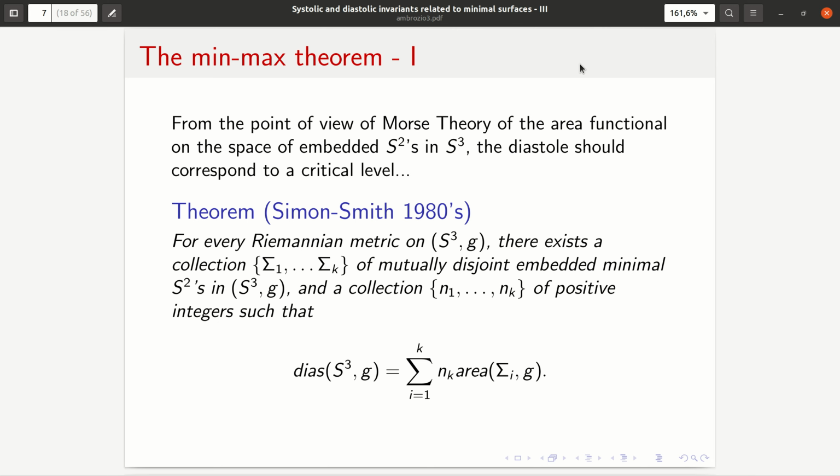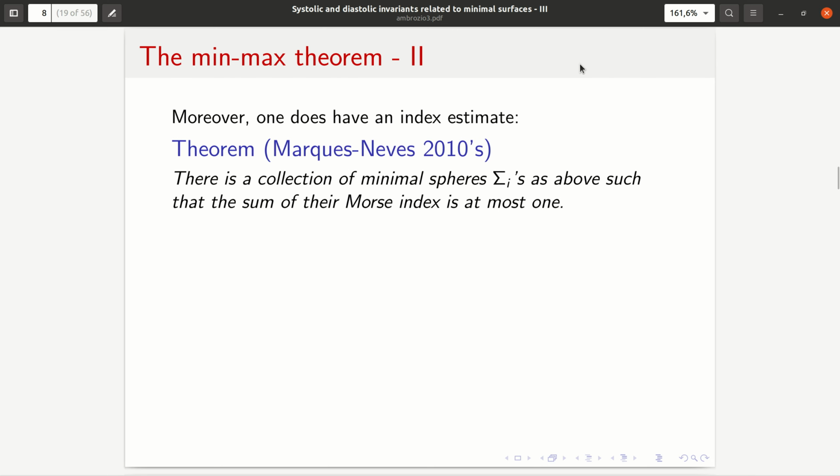There is a complement to this theorem, which is also a confirmation of an idea or a principle in Morse theory.